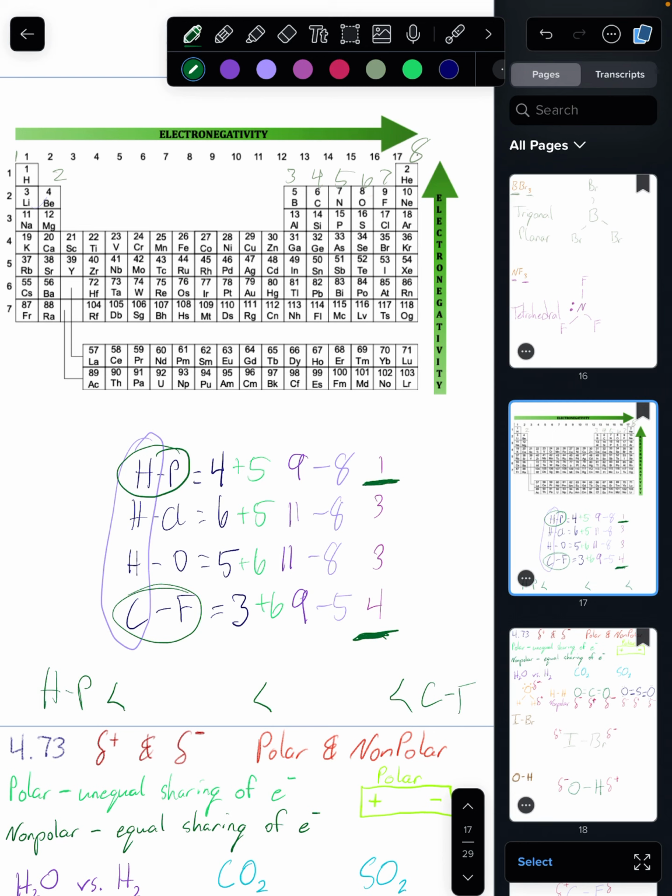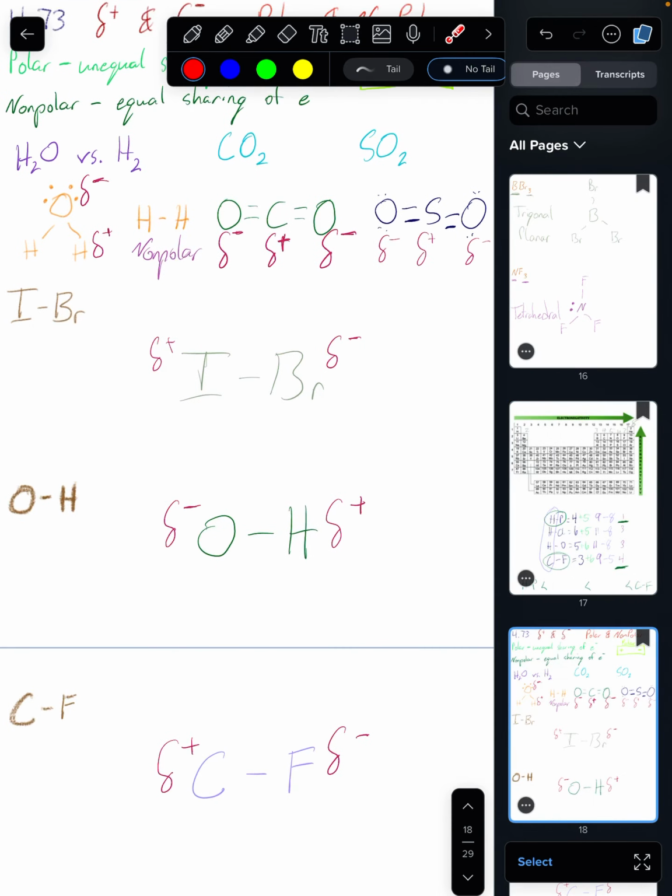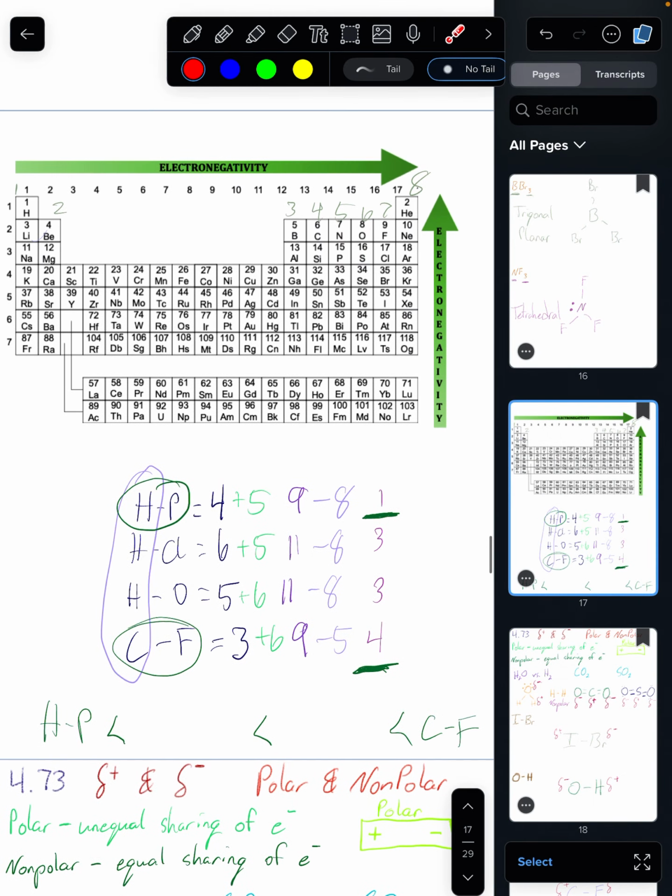And this one here is going to be our greatest amount of polarity, so the biggest difference. Okay? So of course, we have this tie here. Well, the way you can look it back: how many points did that first section get when you were going upwards?